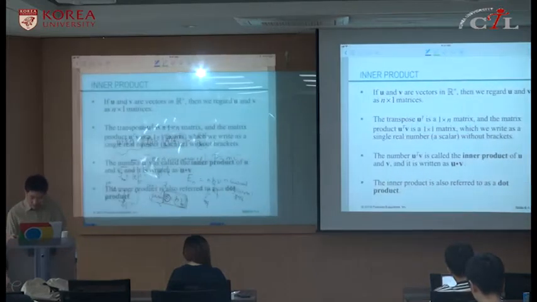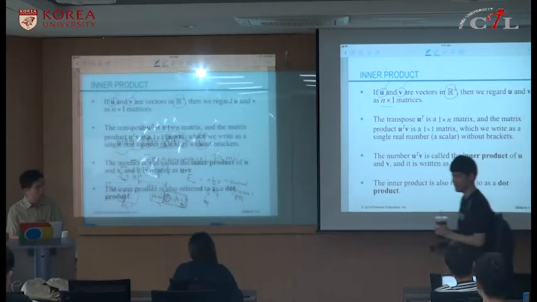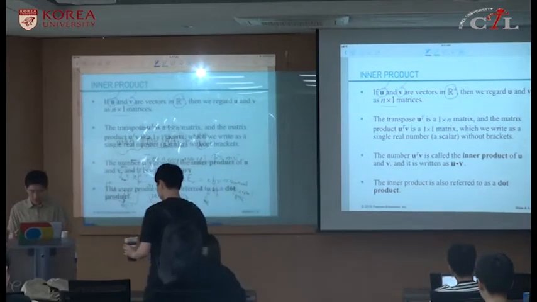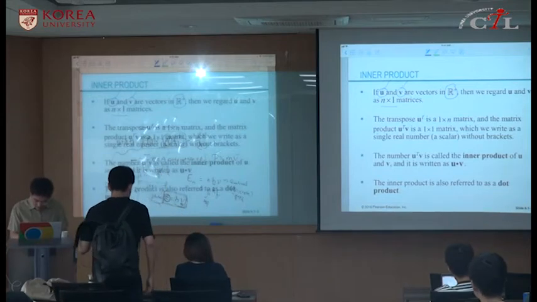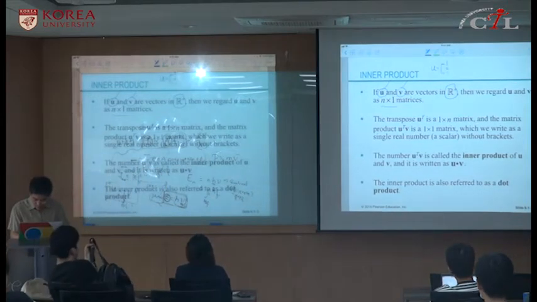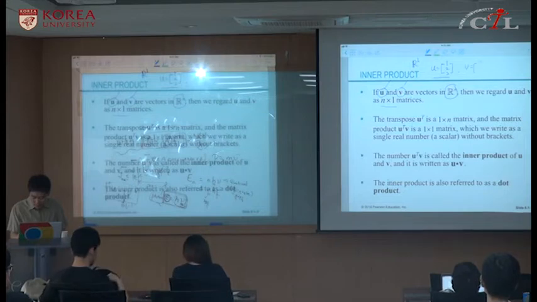Okay, so let's start with the definition of the inner product. We consider two vectors living in the same dimension, which is Rn in this case, and we can consider each of these vectors as an n by 1 matrix, which are just the column vectors. So we think of this situation in R3. Suppose u is given as this and v is given as this.